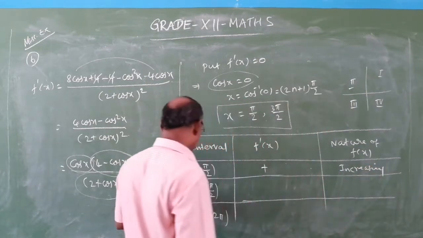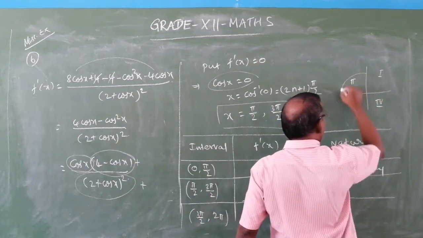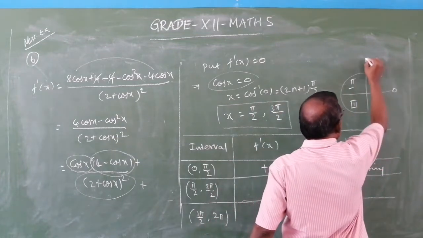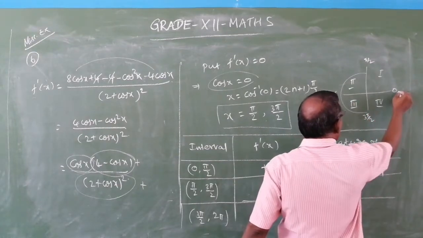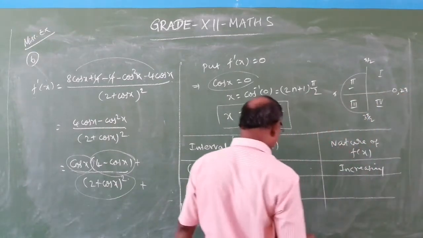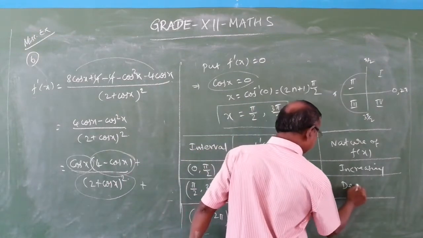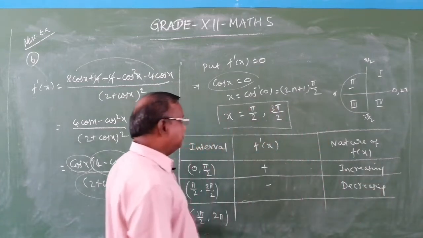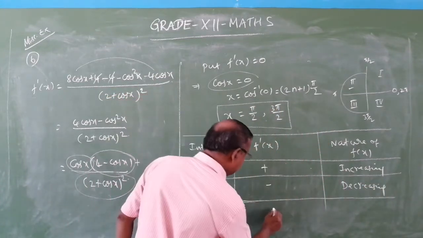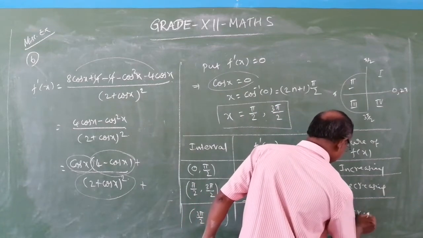Pi by 2 to 3 pi by 2 lies in the second and third quadrants, where cos x is negative, therefore it is decreasing. And 3 pi by 2 to 2 pi is the fourth quadrant, where cos x is positive, so here it is increasing.